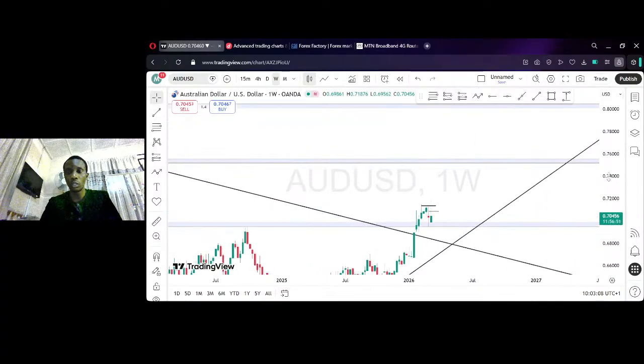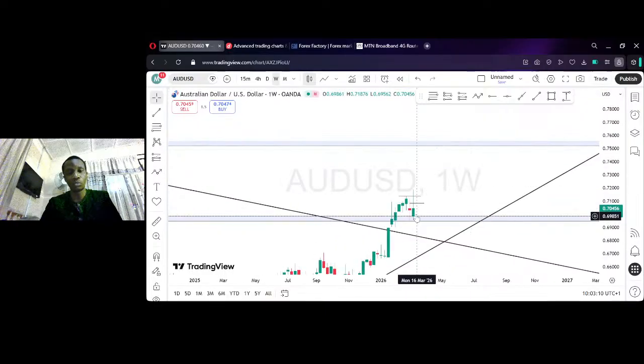Early this week, around Monday and Tuesday, we have a weekly bullish engulfing candle that has engulfed the previous week's candle. I also said that if the weekly candle can close with a bullish engulfing candle, we should see AUD/USD elevating to this resistance level right there.